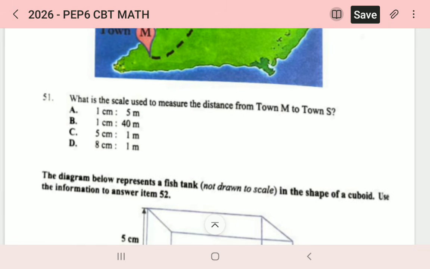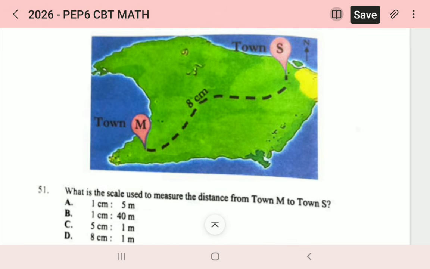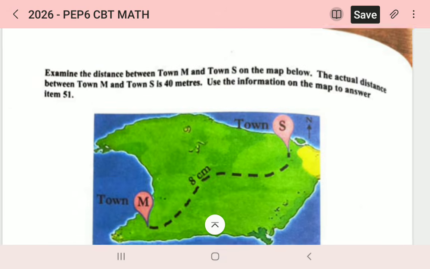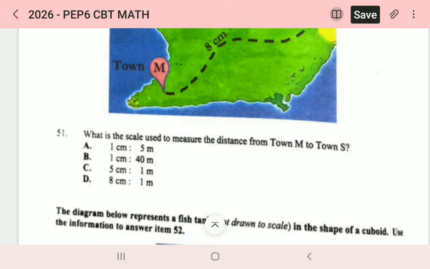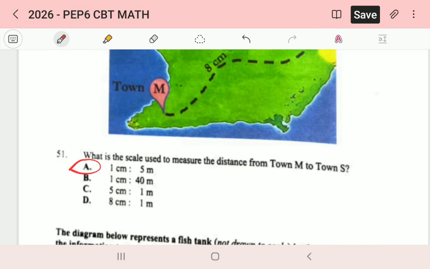What is the scale used to measure the distance from town M to town S? Is it 1 centimeter to 5 meters? Because 5 times 8 equals 40. So it's going to be 1 to 5.